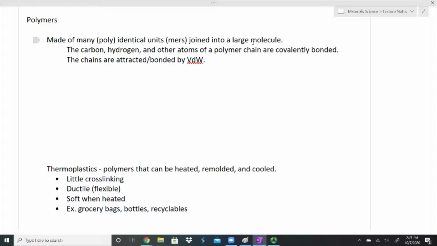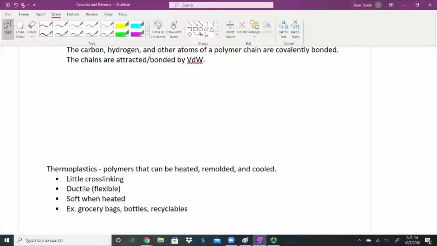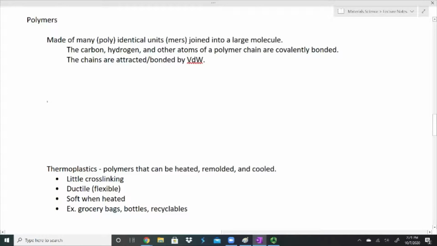So really quickly, if I were to just sketch, I would have a bunch of stuff happening over here, and then, because I'm just drawing a small segment of this long polymer chain, I have a carbon bound to a carbon, bound to a carbon, bound to a carbon, and so forth, and it just keeps happening like that.